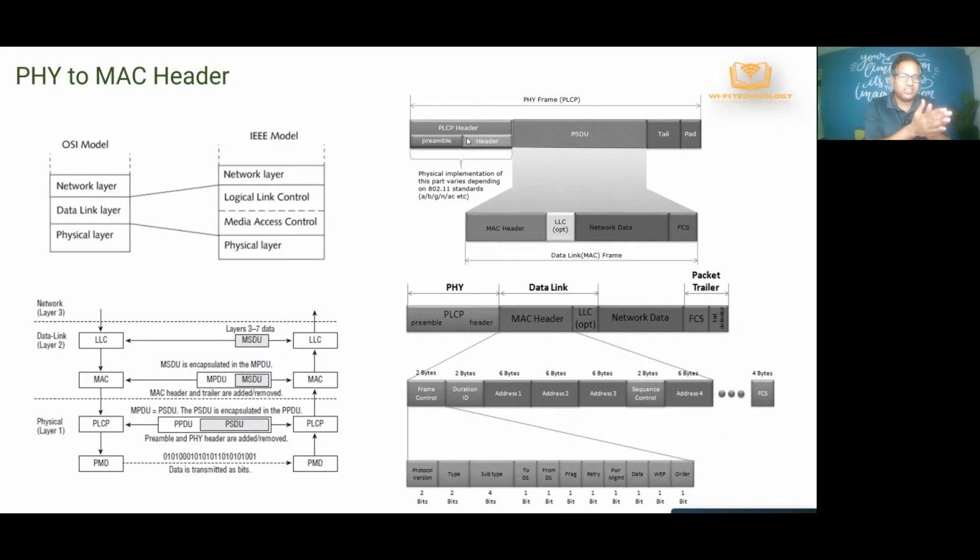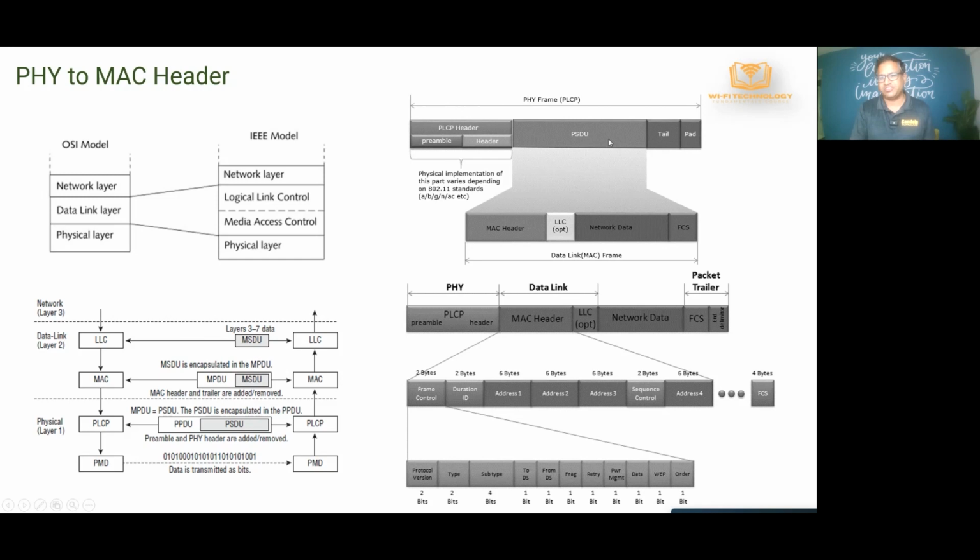And that is what really the header is. So at each layer in the OSI model, there are headers. At the physical layer, there are physical layer headers, and at the MAC layer, there are MAC layer headers. At the IP layer, there are IP layer headers. We talked about that in one of the previous sessions, where we gave this example of a ball of chocolate wrapped in many layers, and each layer has various functions. Similarly, this is a physical layer frame, and the body of that frame is called the PSDU, or the PLCP service data unit.